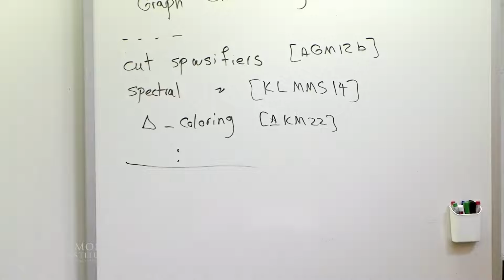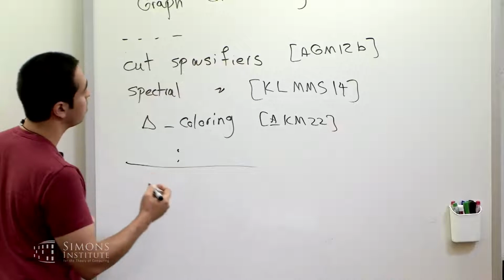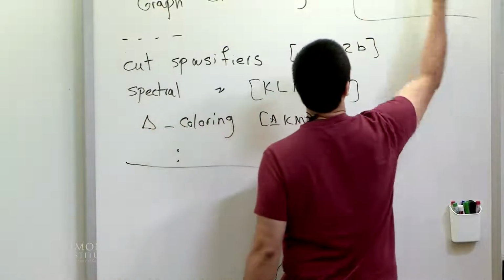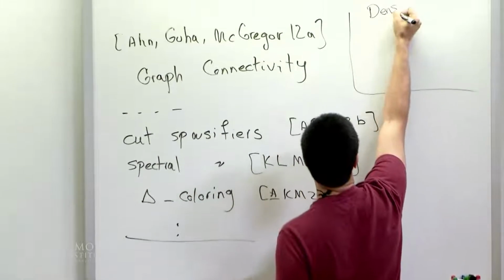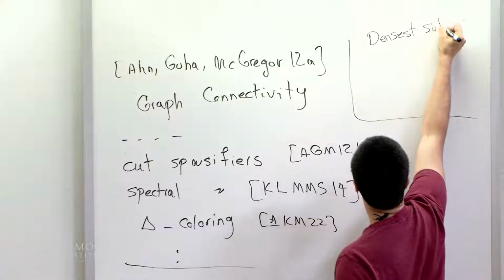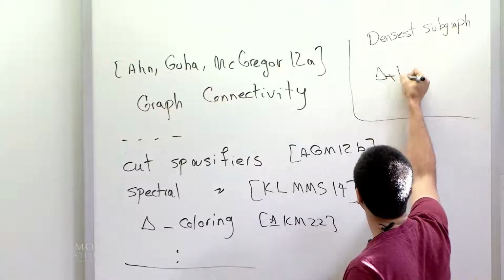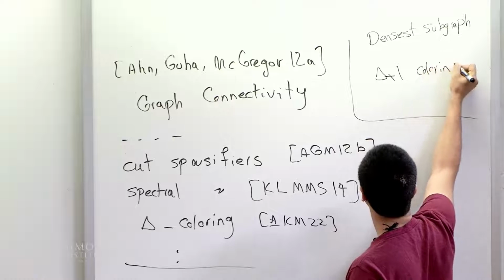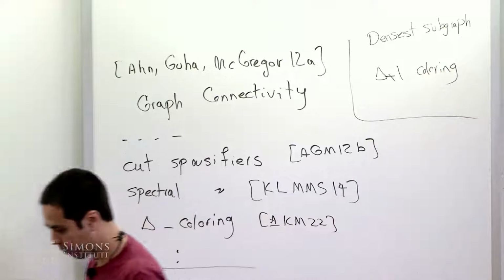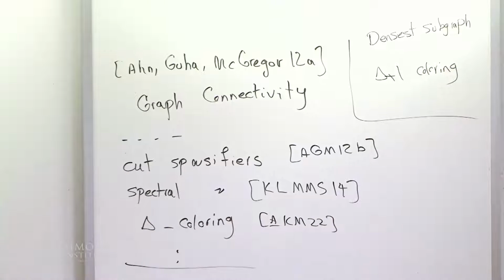You can just sample the edges and use your sketches to do sampling. And then you can solve those problems as well. So this is a long list here. There are lots of problems we can solve.